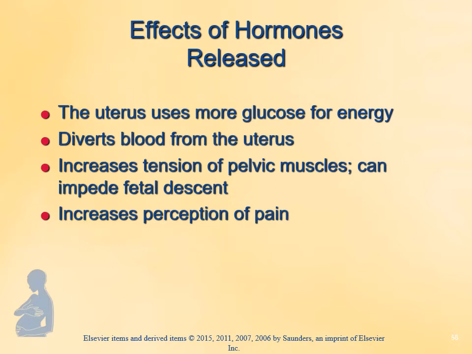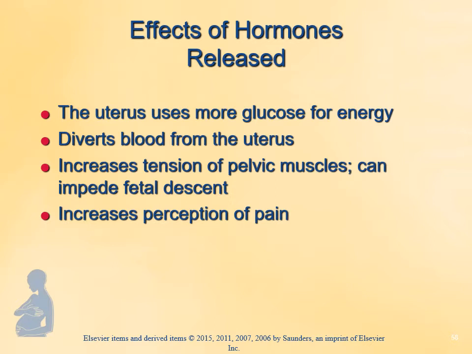We can also see that the uterus is using more glucose for energy during labor, and if that glucose gets diverted away from the uterus, there can be less glucose available for the uterus to contract.